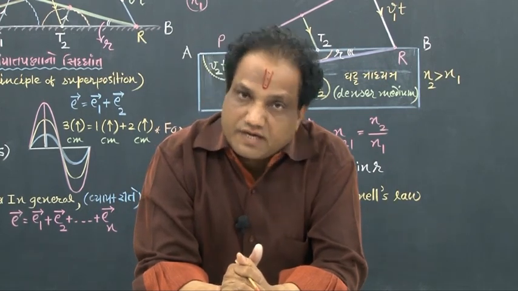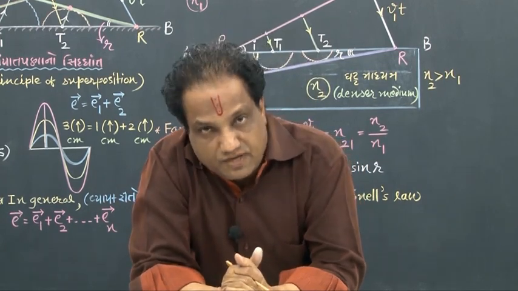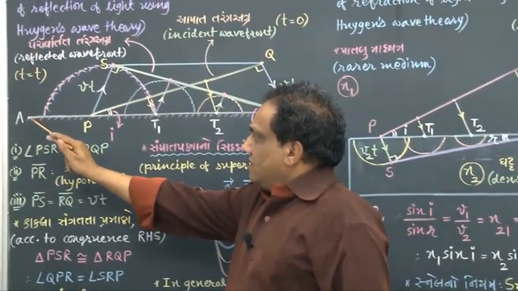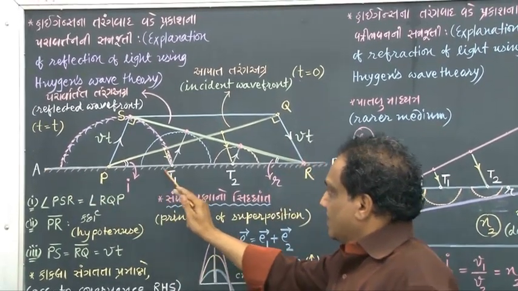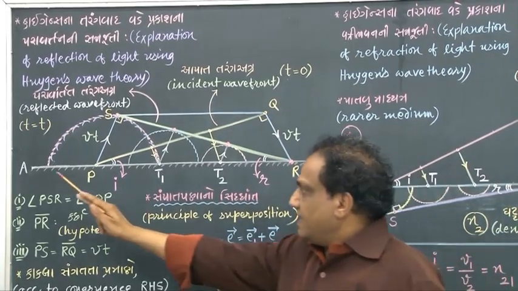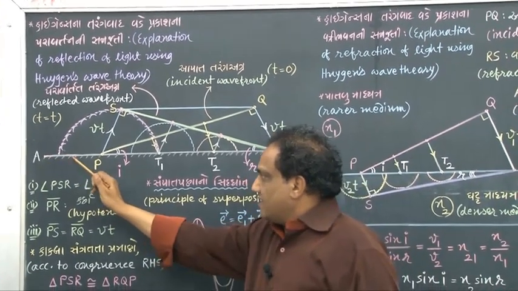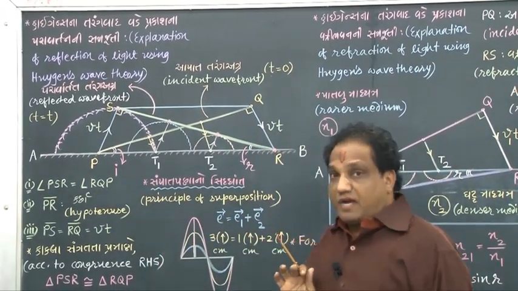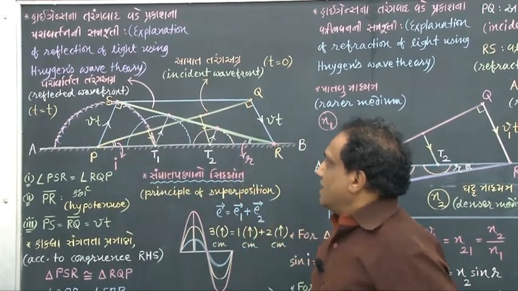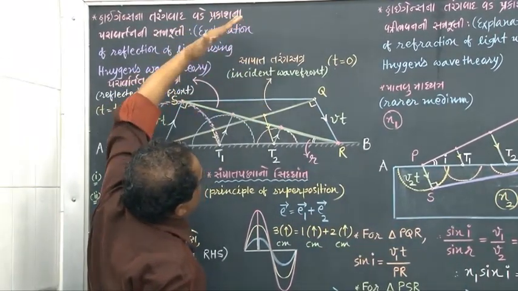First of all, let us try to understand reflection of light using Huygens wave theory. Look, we have one plane reflecting surface, say AB. On this plane reflecting surface, we make a plane wavefront PQ incident this way.